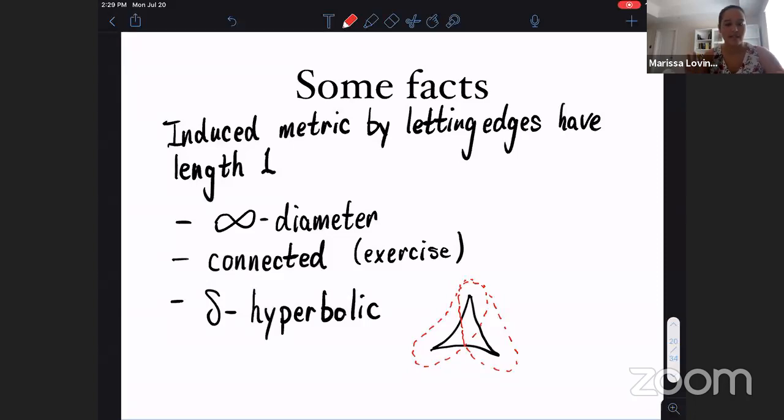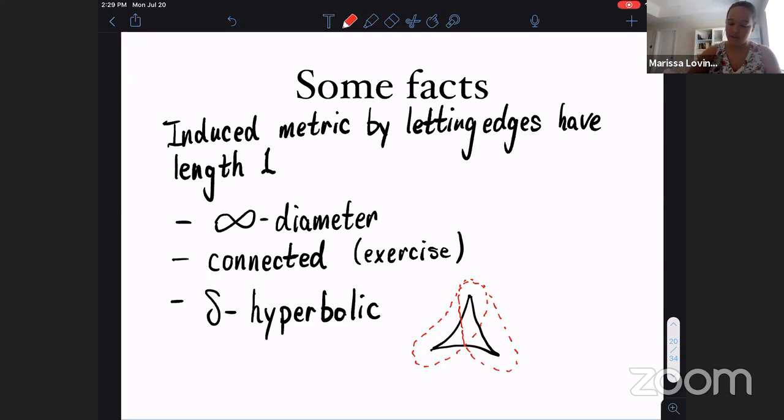So this is all I'm going to say about delta hyperbolic. I guess the one thing to say is that there exists some delta which works for any triangle in my complex. So I don't want to pick a different one for every single triangle I come across, or you end up with something like you do in Euclidean space, which is not hyperbolic. Okay.